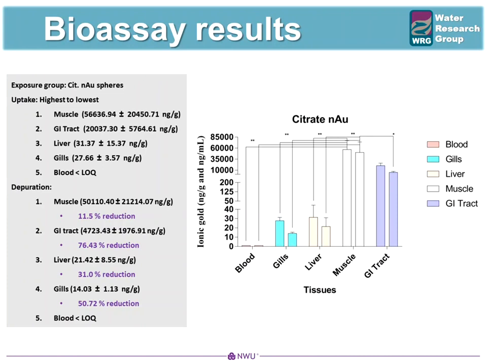Perhaps this is due to a functional difference, with citrate being safer than CTAB, so it might have been processed relatively faster. And the gills underwent a good ability to undergo sequestration, and this might also be because of functionality.